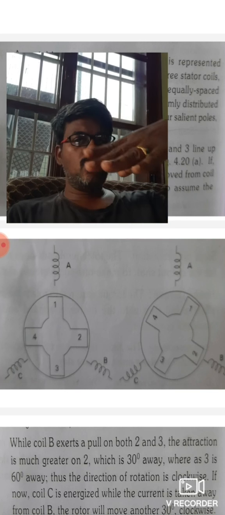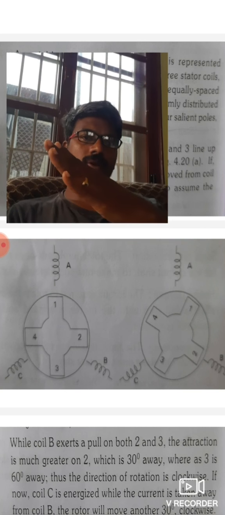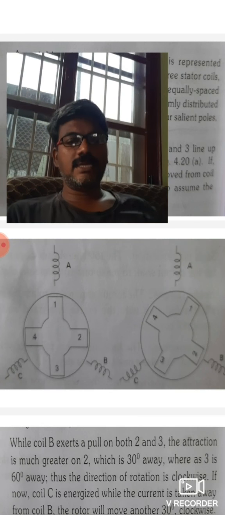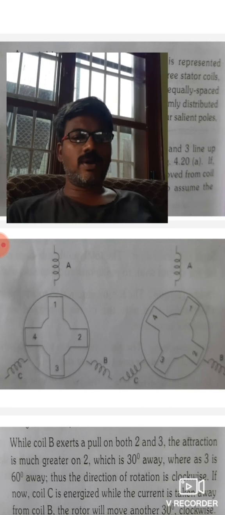So when 2 and 4 are aligned to B, pole 1 will move exactly 30 degrees clockwise.